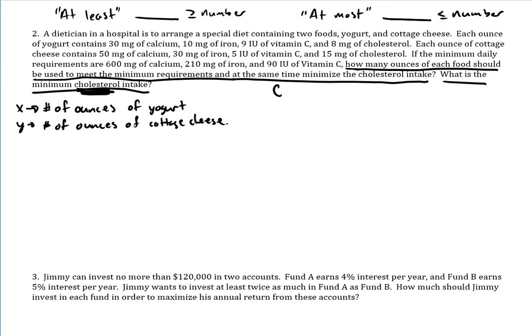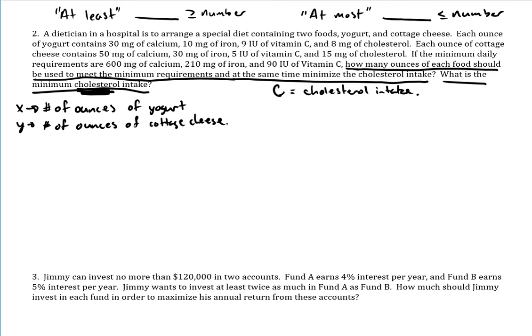Let's use capital C for cholesterol intake. Okay, so we don't know that either, so that should be another variable. But I don't think I'll use it yet until near the end of our problem. But we'll find out in the setup.